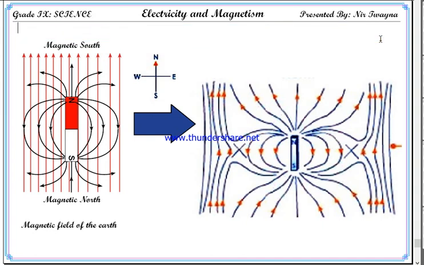Okay, so this is the case when the north pole of the magnet is pointing toward the geographic north pole of the earth.